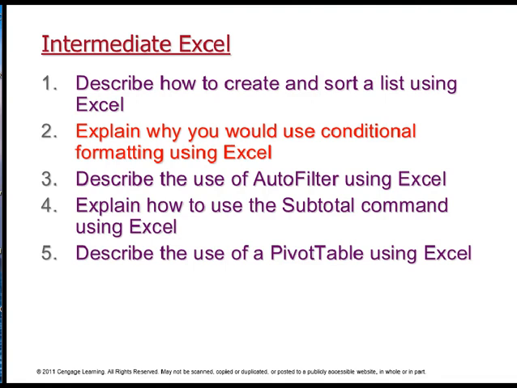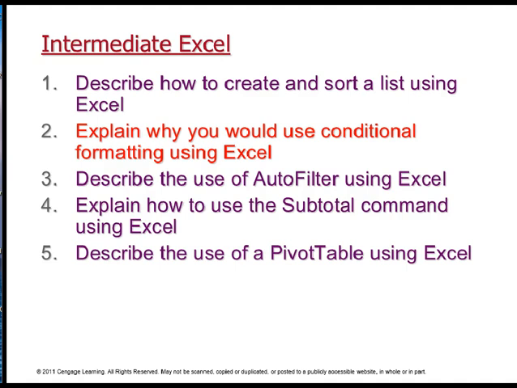So Excel gives us this ability to add conditional formatting, and this is formatting that automatically adjusts depending on the contents of your cells, and this means you can highlight important trends in your data.